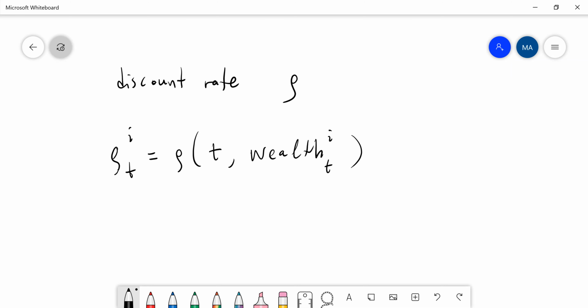You would be less patient or more patient? I think it is safe to say that both are possible, right? But my intuition suggests that if my wealth accumulates, perhaps I can be more patient, right? So you may be more or less patient.